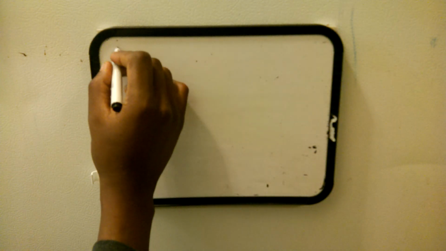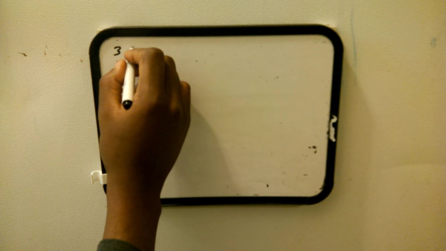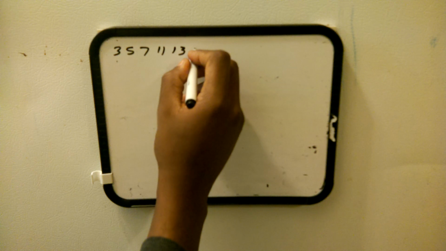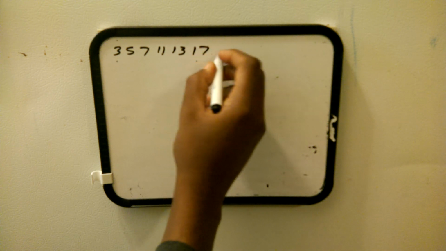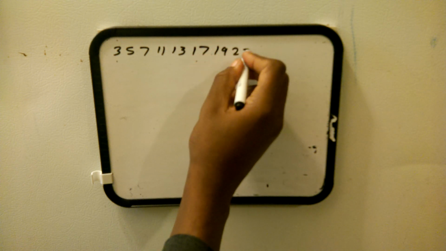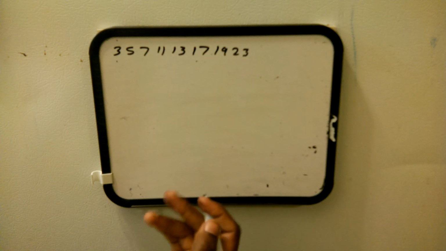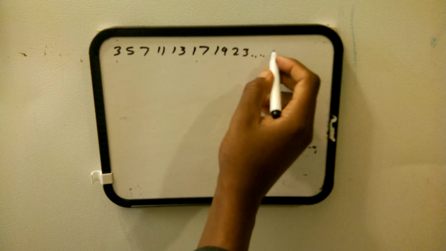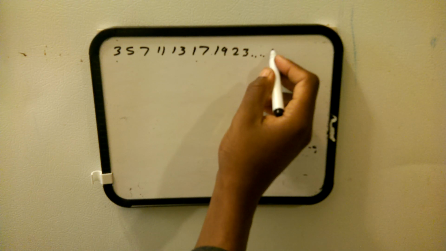Okay? 3, 5, 7, 11, 13, 17, 19, 23. And just for the fun of it, we're going to skip all those other prime numbers and go straight to another prime number. Let's go to 31.